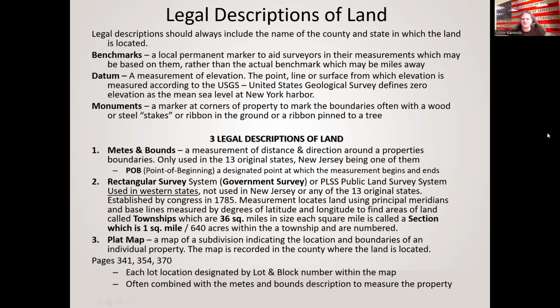Rectangular government survey. So which legal description of land points out the location and boundaries of each of the individual lots? The plat map.